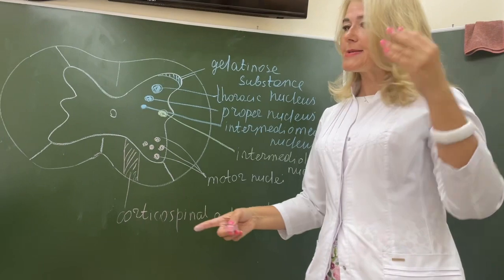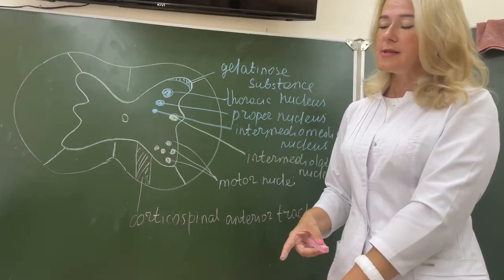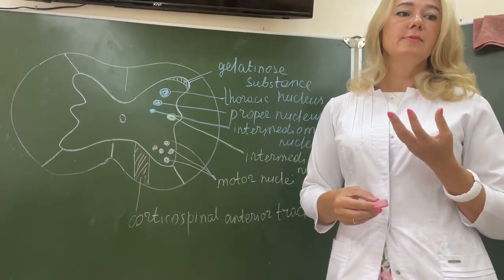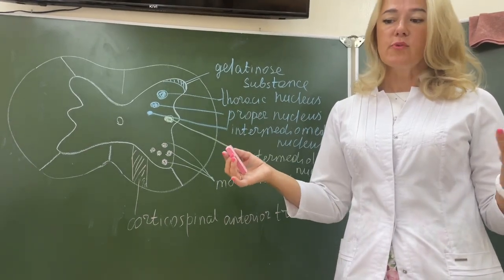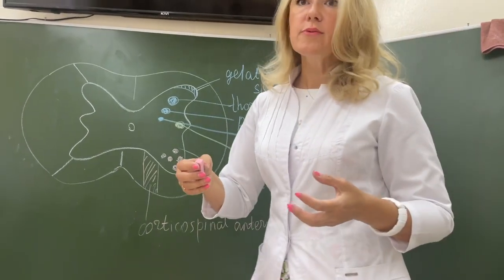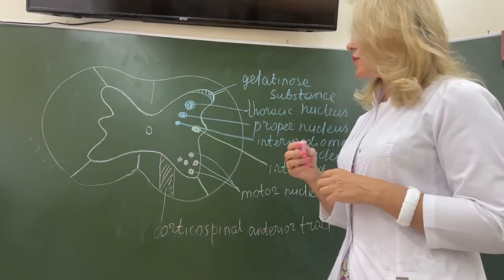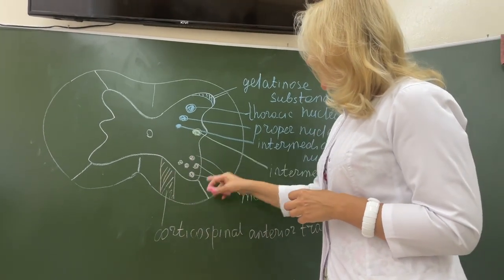And due to the fact that it's a descending tract, it starts from cortex directed downwards. It means that it's a voluntary motor tract. What does it mean? It's our voluntary movements. So we step, we sit, and so on. They are voluntary in the anterior funiculus.